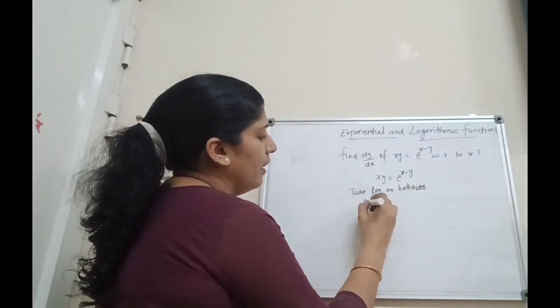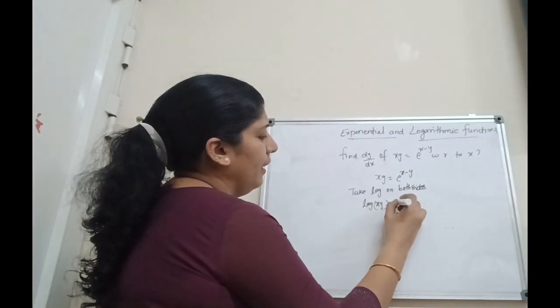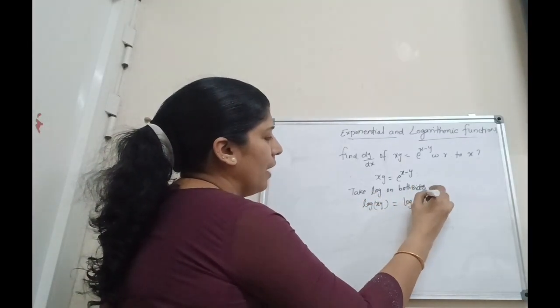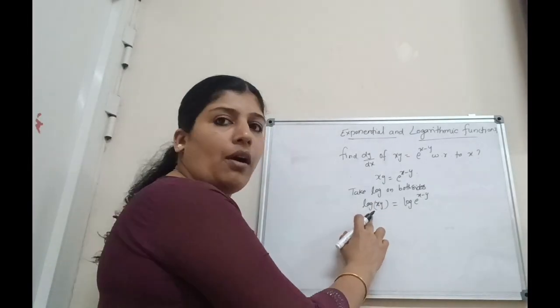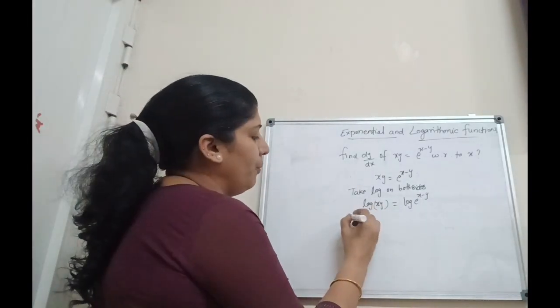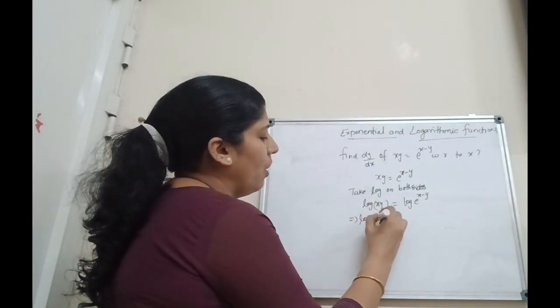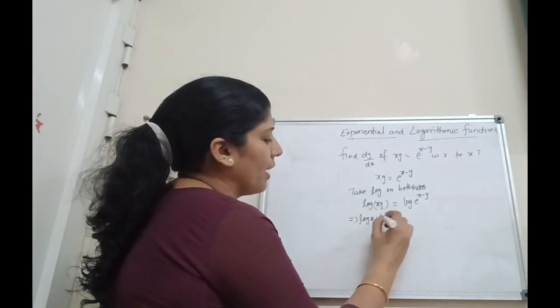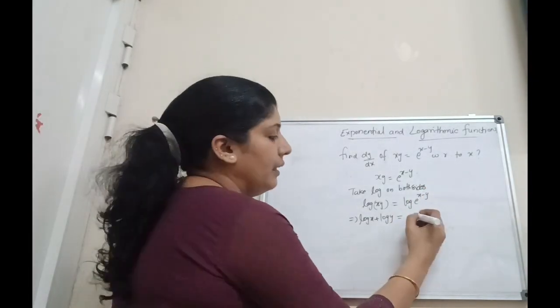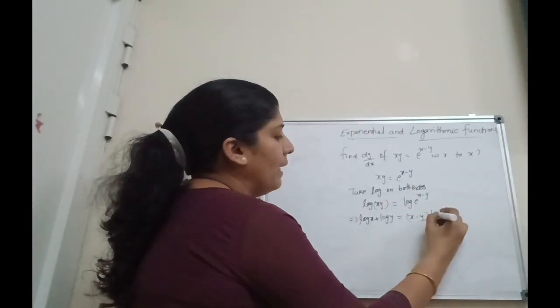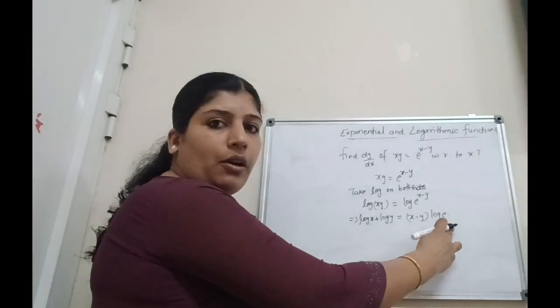We will get log of xy equal to log of e raised to x minus y. Then here log of xy, it is equal to what? Log x plus log y. That is, log of xy can be written as log x plus log y equal to log of e raised to x minus y. That is x minus y into log e. We know that log e is equal to 1.